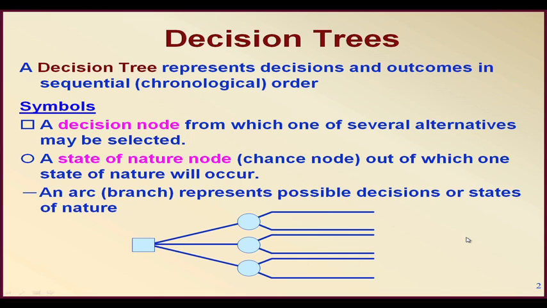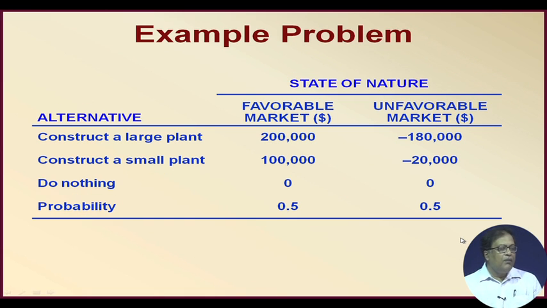So, that is how the structure will be, and let us see a particular problem that we have dealt with previously. Suppose there are two states of nature, one is a favorable market, the other is an unfavorable market, and the payoffs are given. There are basically three alternatives. We can construct a large plant, in which case the payoffs will be 200,000 or minus 180,000, depending on whether the market is favorable or unfavorable.